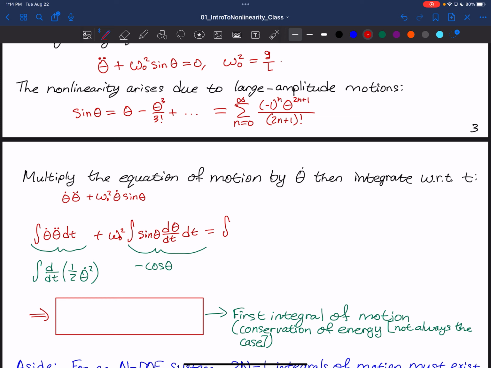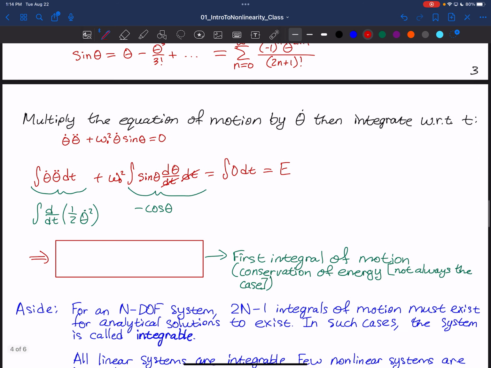On the other side, we're integrating 0. Oh, I left that out. 0 dt, and that just becomes a constant, which we'll call e. Okay, so going back to that middle integral, we can eliminate the dt's, and then we get the integral of sine theta d theta, which is just minus cosine theta.